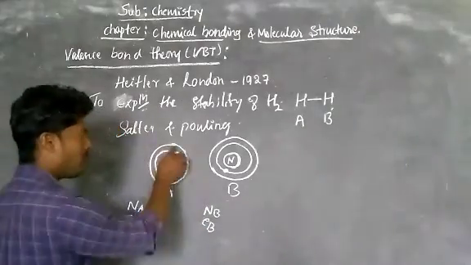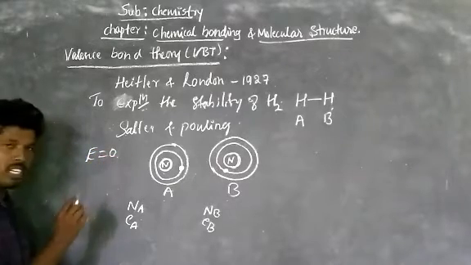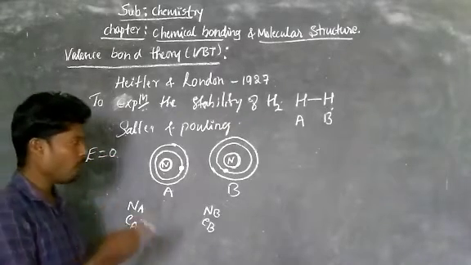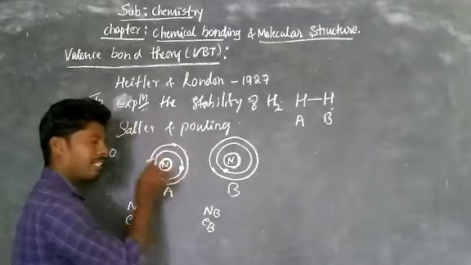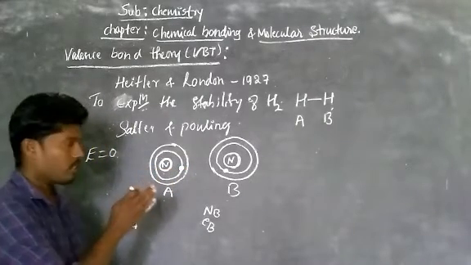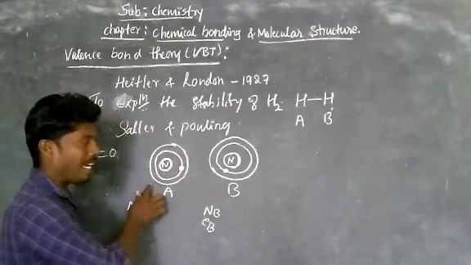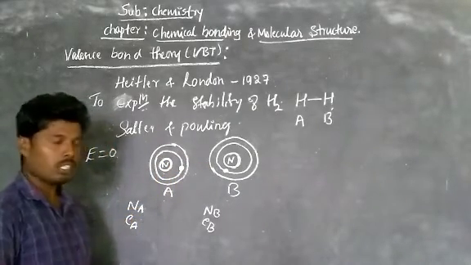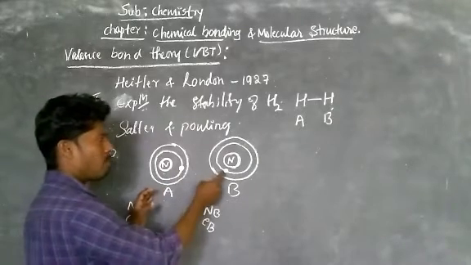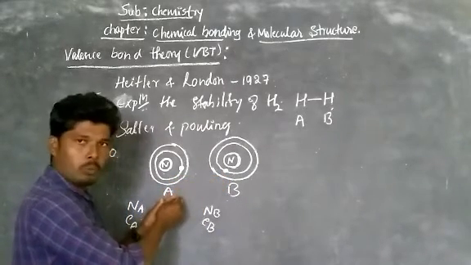At that time, the energy E is equal to zero, but there is only an attractive force between the nucleus of an atom and the electron of that same atom. This is the concept of a single atom before they come close to each other. Now these two atoms come close and nearer to one another.